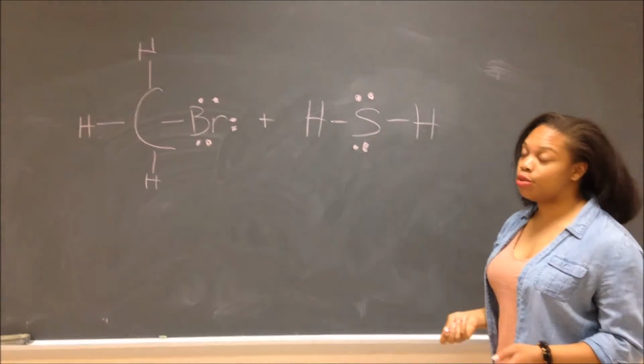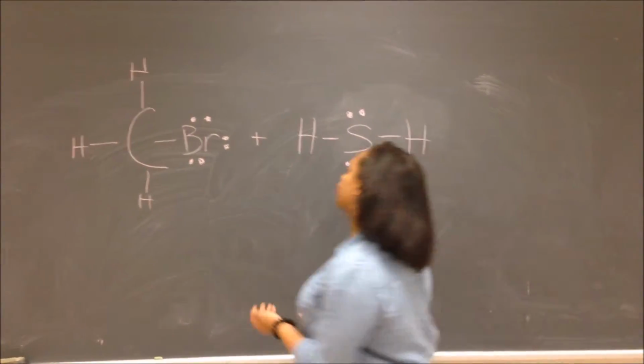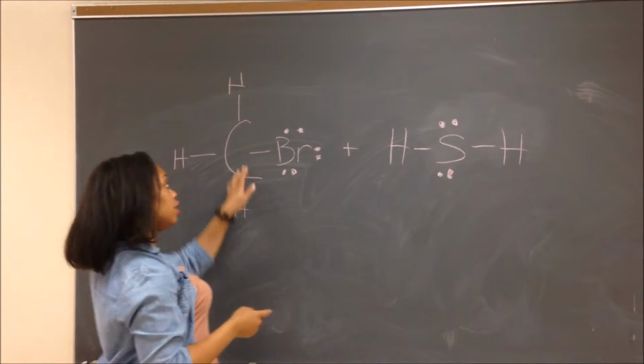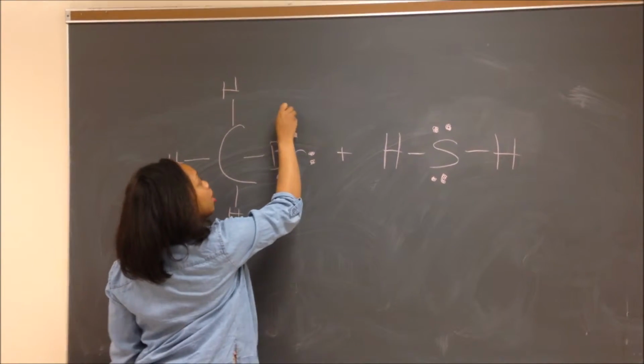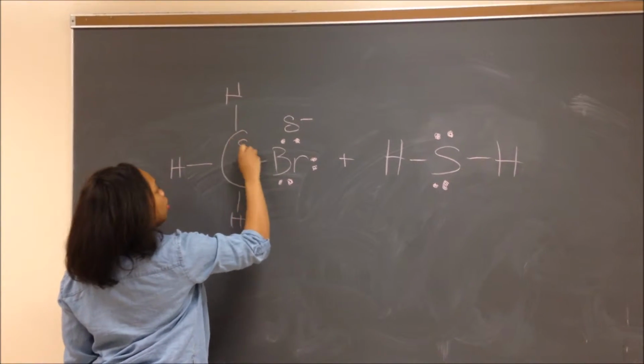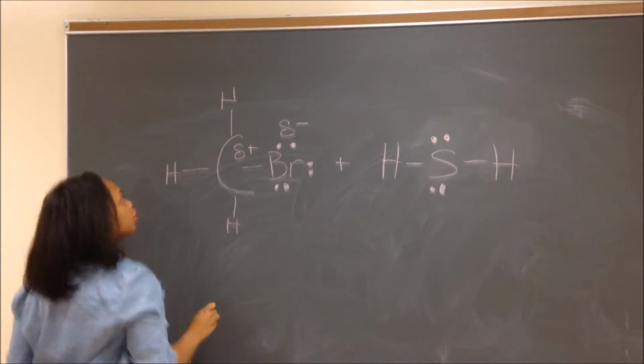The next thing that we'll do is find the partial charges of each atom. So bromine, being a halogen, and the fact that it's more electronegative than C, will have a partial negative charge. Carbon, being that its electrons are attracted to the bromine, will have a partial positive charge.